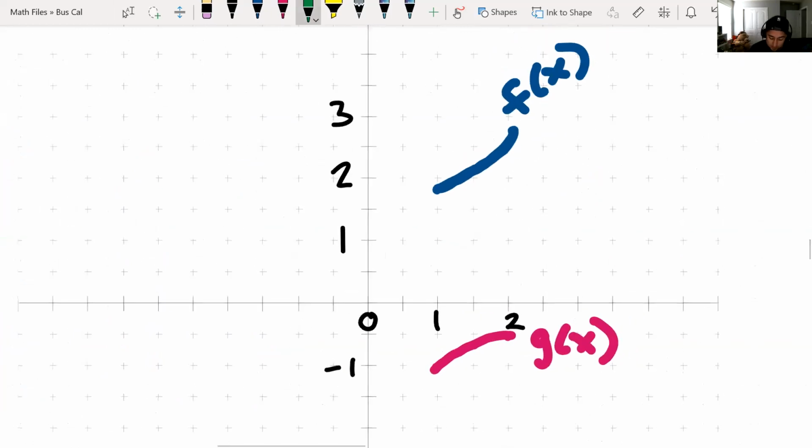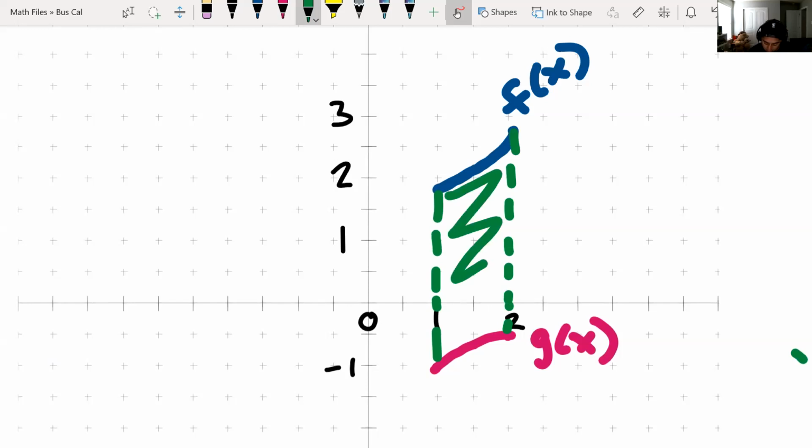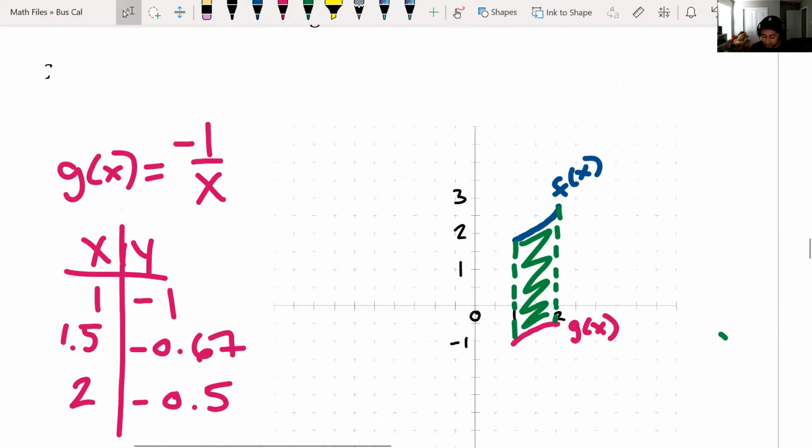So piece it together. We want the area between these two graphs. And you see how f of x is above g of x?